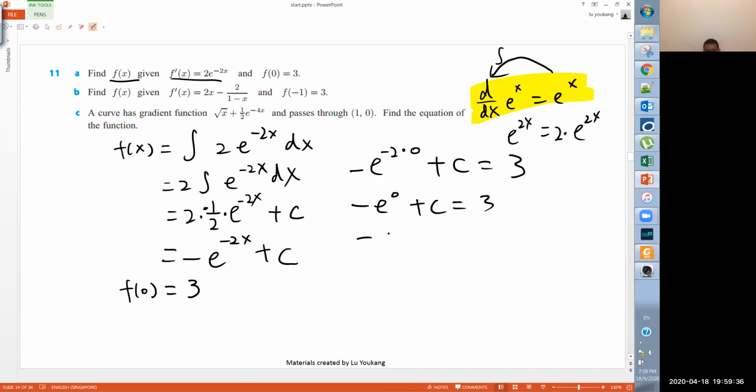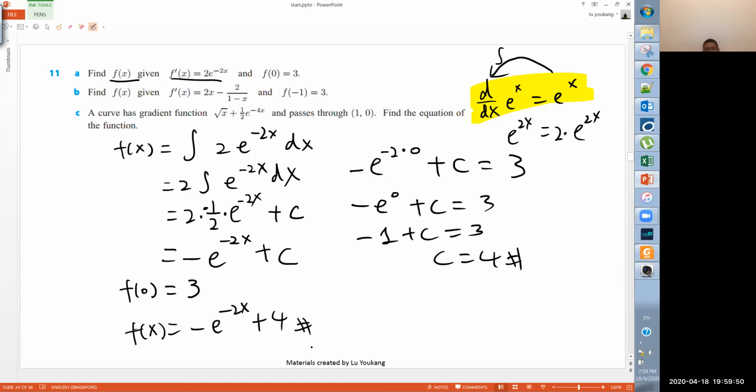Yes. So minus 1 plus c equals 3. So c equals 4. So you put it back, your f(x) is equal to 4. Okay? So we have finished part A.